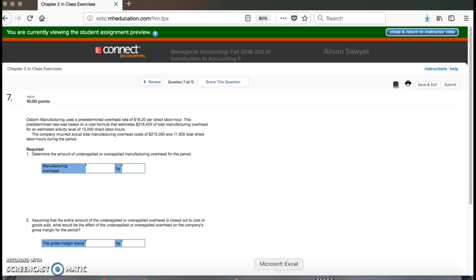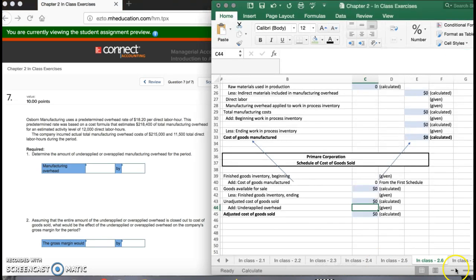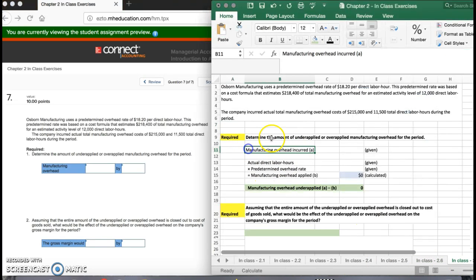So I think I'm going to get our Excel out. Right. So first thing we're going to do is determine the amount of under-applied or over-applied manufacturing overhead. So how much manufacturing overhead was incurred? So this is going to be actual. So we're going to put in 215,000. So we know our actual direct labor hours again, times our predetermined overhead rate. So this is where we're using estimates.